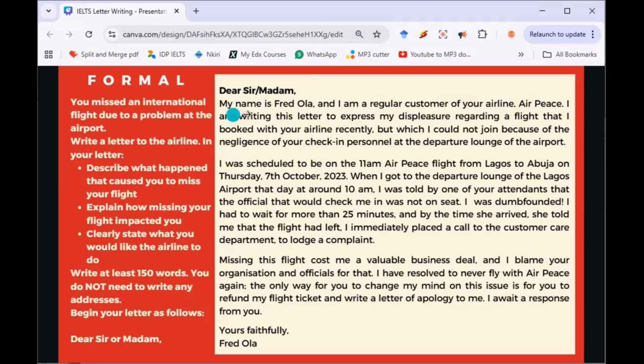Now, next sentence. I am writing this letter to express my displeasure regarding a flight that I booked with your airline recently, but which I could not join because of the negligence of your check-in personnel at the departure lounge of the airport. This here is an example of what we call compound complex sentence. It contains 3 clauses.